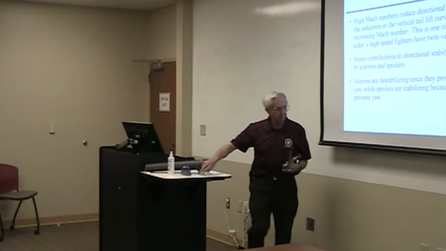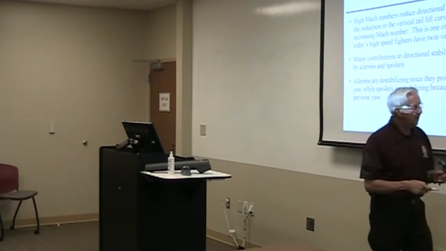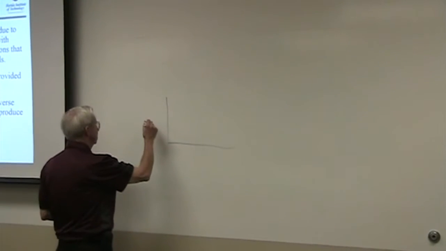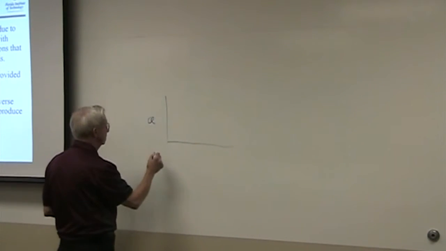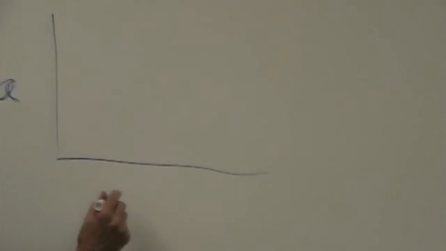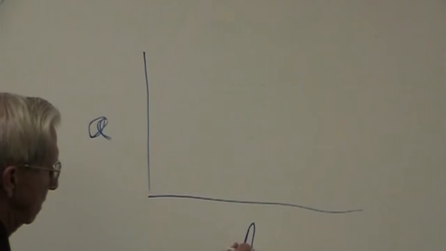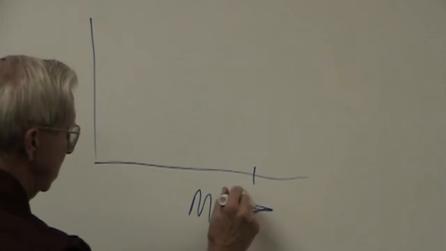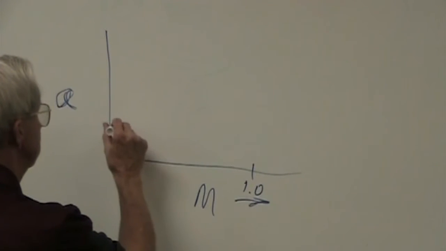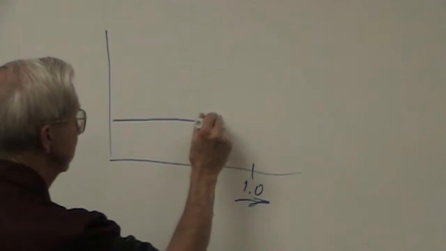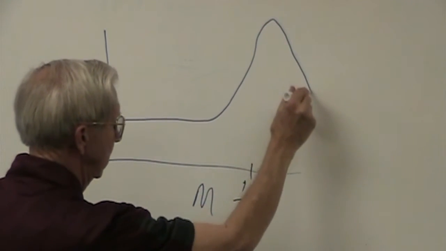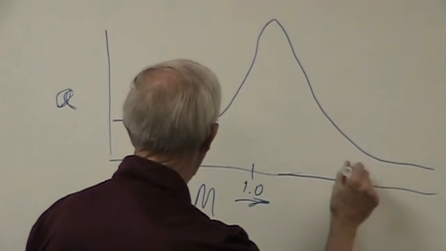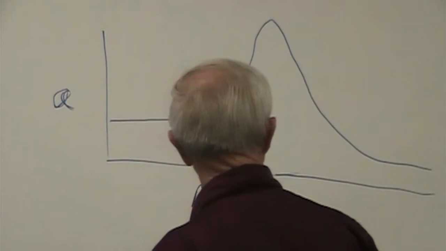The other thing that happens is if you plot lift curve slope versus Mach, with Mach increasing, let's say this is Mach 1, it goes along here like this, and then it does this, and then it does this. And out here about Mach 2, it's about half of what it is here.